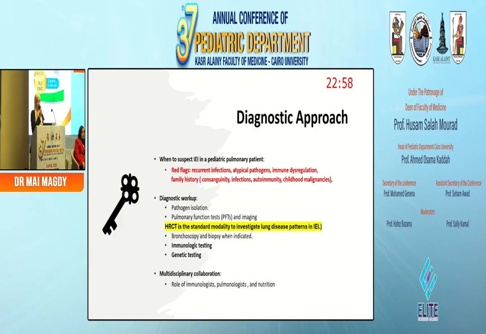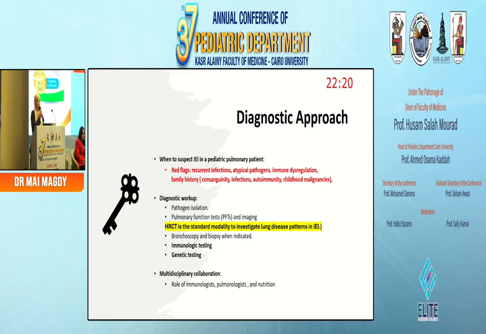Then, if we suspect that this patient has inborn error of immunity, the next step is the diagnostic workup through pathogen isolation, and as we said, atypical pathogens should suggest more that the patient has inborn error of immunity, as we will mention later. Pulmonary function tests and imaging are very important in the diagnosis. High-resolution CT is the standard modality for investigating lung disease pattern in patients with inborn errors of immunity. Bronchoscopy and biopsy are only when indicated. Not all the patients need biopsy.